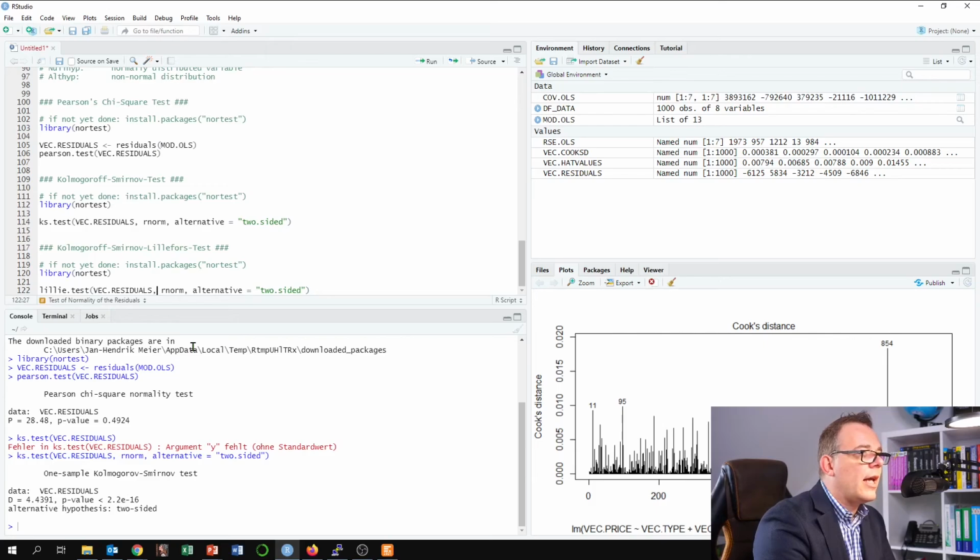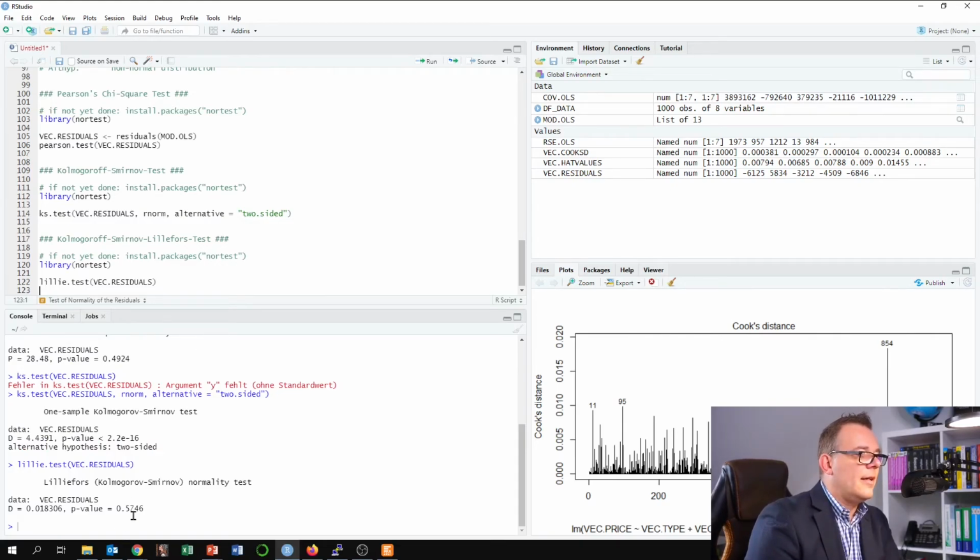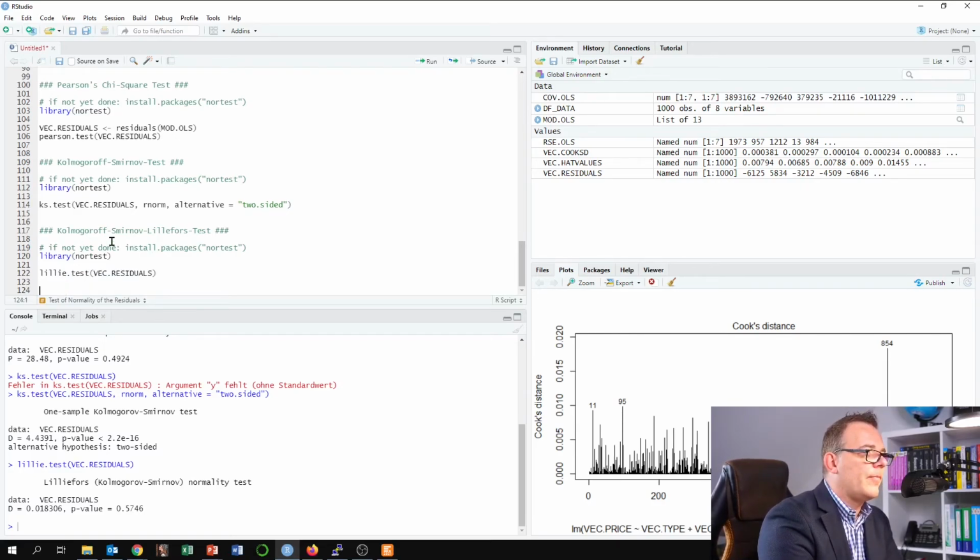But I only have to hand over the residuals, that's all. And run that test. And here the p-value indicates a normal distribution again. So don't worry about that. So if you use this for OLS diagnostics, please always use the Lilliefors test and not the classical Kolmogorov-Smirnov. The Lilliefors test is for OLS diagnostic especially.